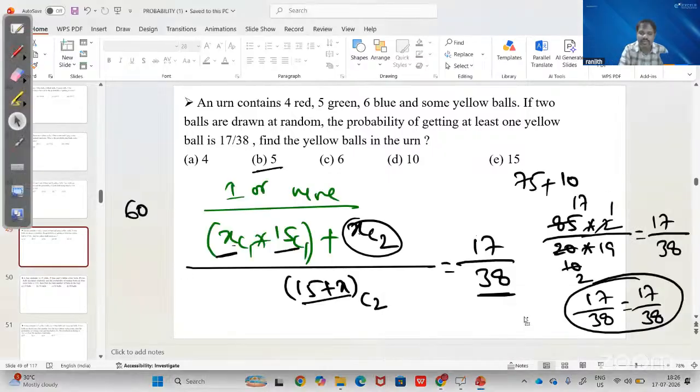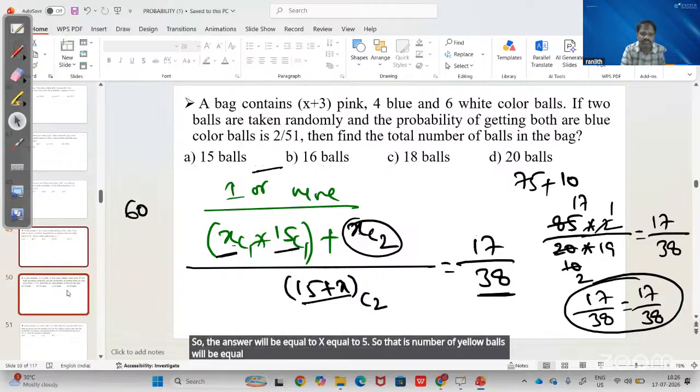So the answer will be X equal to 5. So the number of yellow balls will be equal to 5.